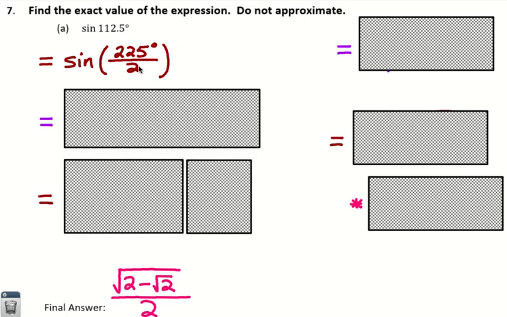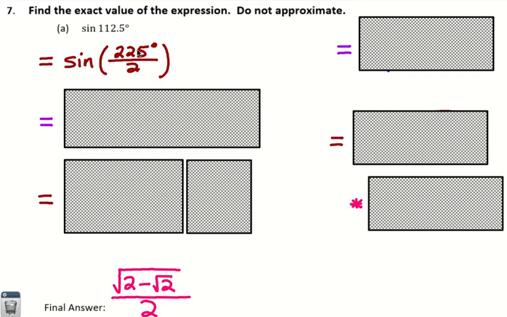So that's what we do. We rewrite 112.5 as a nice angle that we can work with, divided by 2, because 225 divided by 2, last time I checked, was 112.5. So we can work from here.